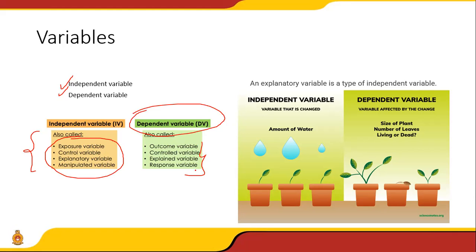So you see the same kind of scenario when people are speaking, or when you are reading an article or a book: different names that we use for the same dependent and independent variable. But at a very high level, we have dependent and independent variables. There might be minor differences, but in general, it's the same.